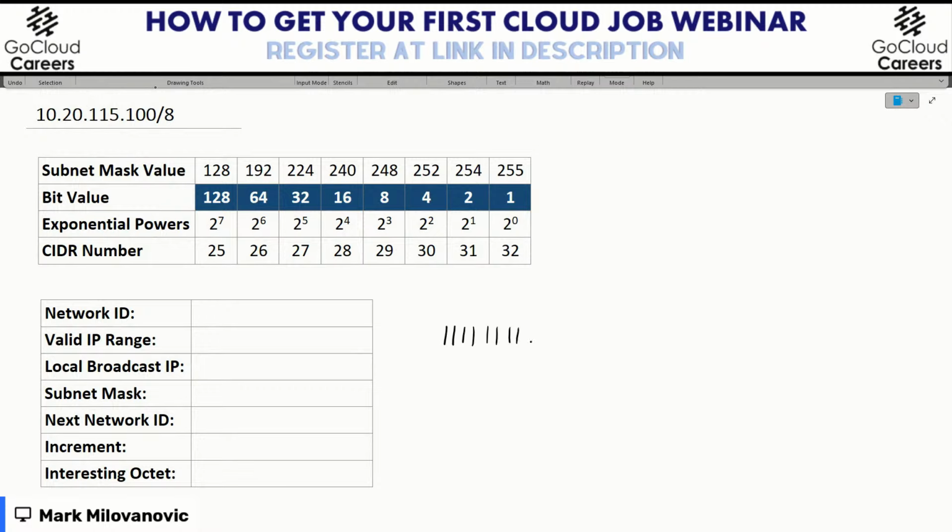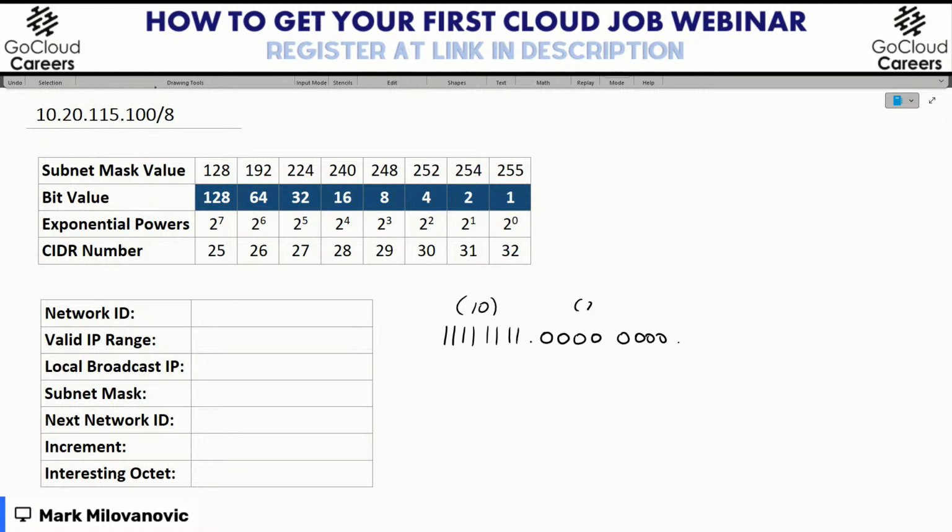That would be my first octet, from left to right. Then we have this number 10, and we'll add it so we know our decimal value. The remaining 24 bits that we have available will be zeros. I'm going to add them in here.